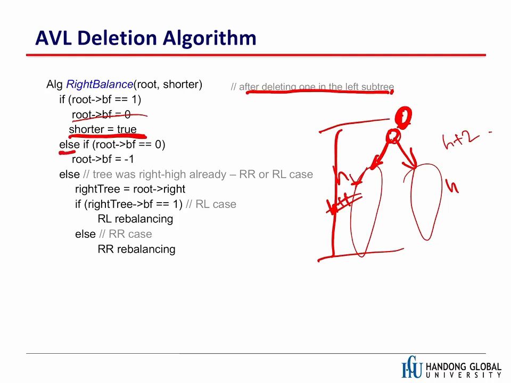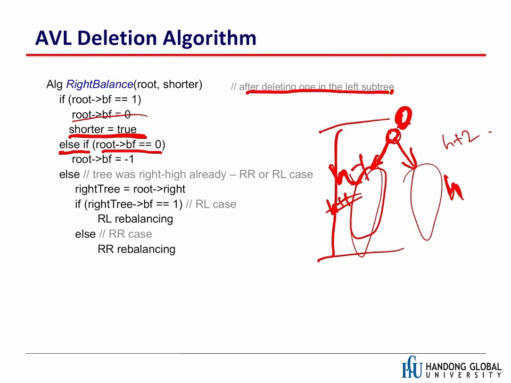Good. And else if the BF was 0, it means before deleting the node we had the same height on the left and right subtrees. So let's say this one is h and this one is h. Since we delete one node from the left subtree and it is shorter, this becomes h minus 1.